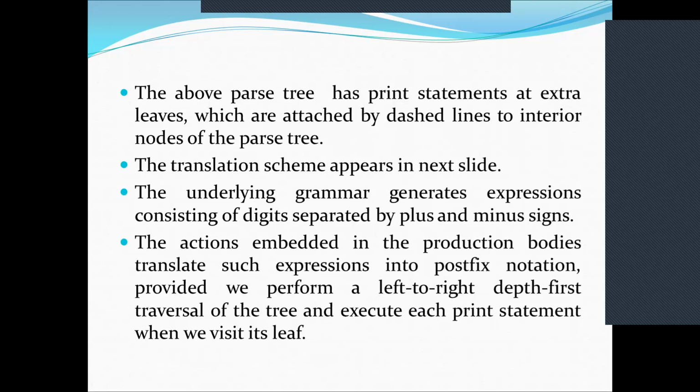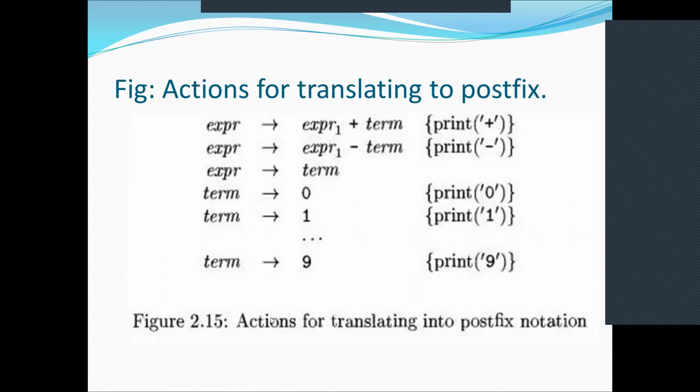So the translation scheme we'll see now. The translation scheme will be the actions for translating to postfix. Earlier, if you remember, expression is a production of expression plus term. Here the action taken has to be print plus, and for expression 1 minus term, print has to be minus, and expression will be of the form of term, where term is 0 to 9.